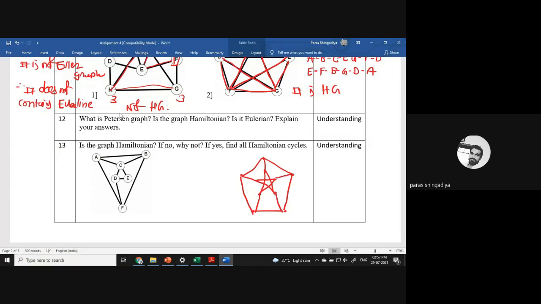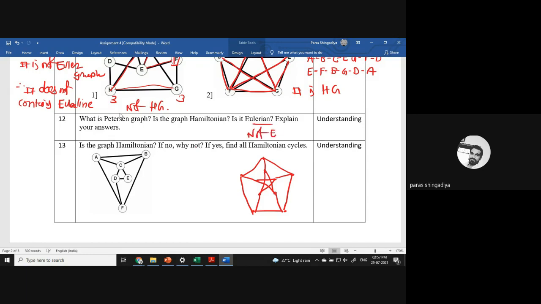That is the Petersen graph. So you can clearly verify that it is not Euler. All the vertices have what degree? So it is not possible to create such a closed walk which includes every edge exactly one time. So the conclusion is not Euler.